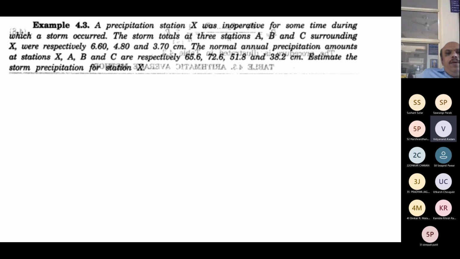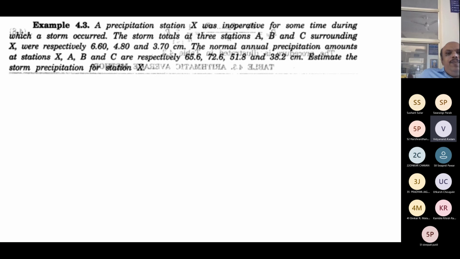Note down this problem. A precipitation station X was inoperative for some time, during which a storm occurred. The storm totals at 3 stations A, B and C surrounding X were respectively 6.6, 4.8 and 3.7 centimeter.